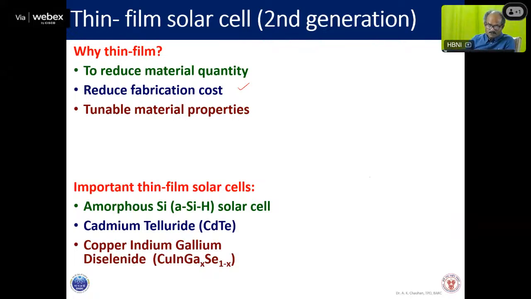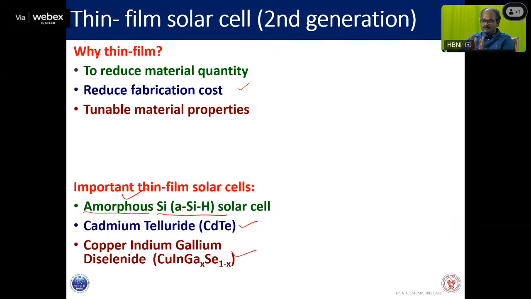Important thin film solar cells in this category are amorphous silicon solar cells. So far we have studied crystalline solar cells, then polycrystalline solar cells. Now we have learned a third silicon type, the amorphous silicon solar cell. We also have the cadmium telluride solar cell and the copper indium gallium diselenide solar cell.